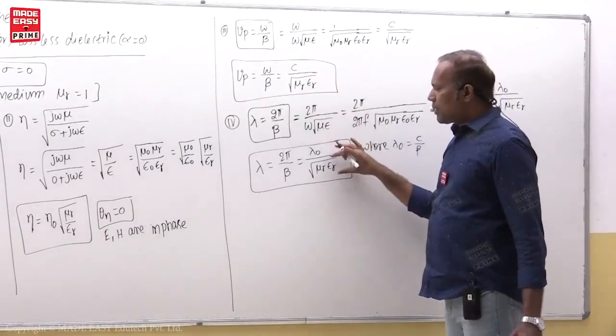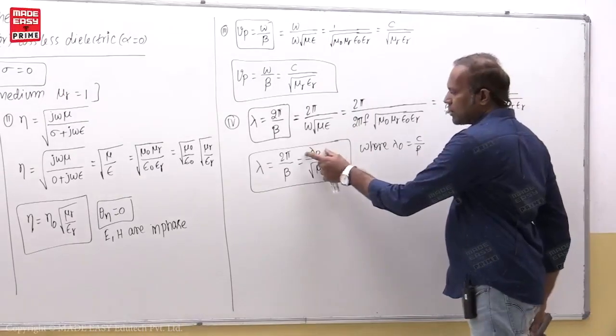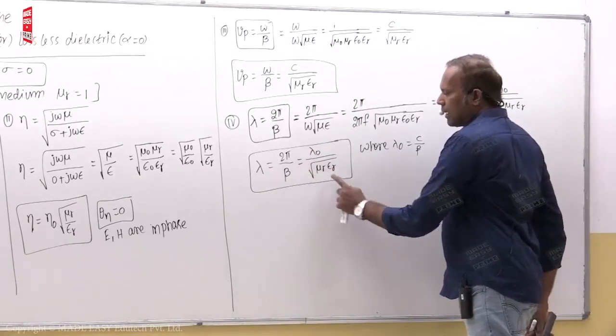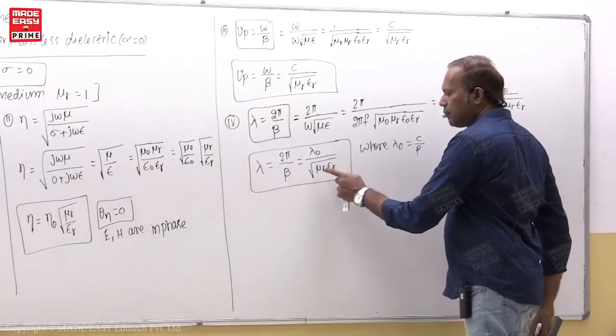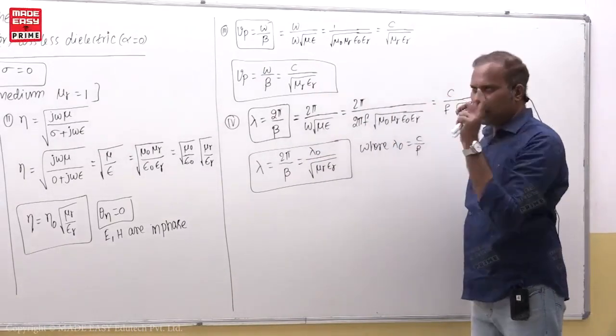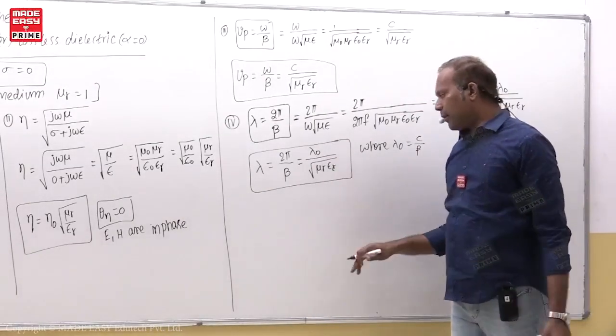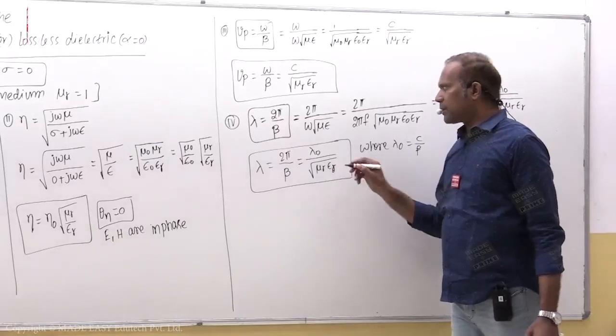This equation gives similar information. If you know frequency, then lambda naught is known, and beta is given, and you can find epsilon r because mu r is equal to 1 for dielectric. So in this equation, both are used to find one parameter if the other two are given. So this is also a very important equation.